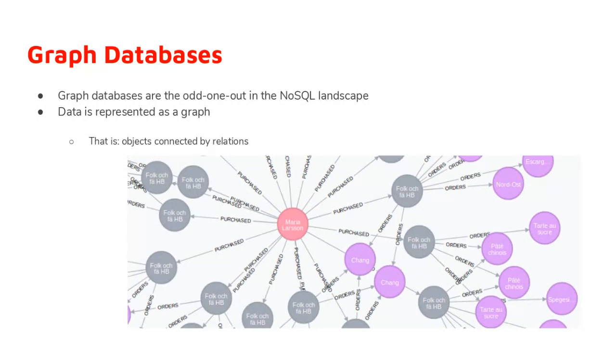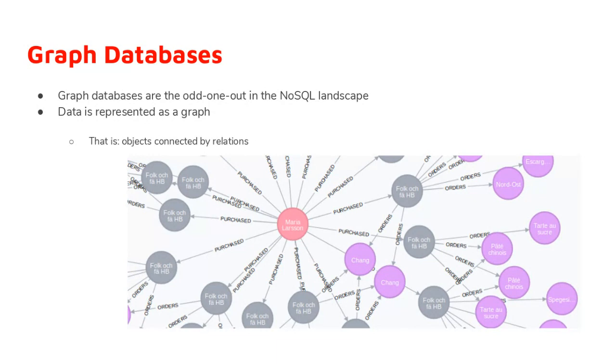And then the final type of databases are graph databases. So these are a little bit the odd one out in the NoSQL landscape, because here the data is represented as a graph. And so you don't really have the concept of row, everything's an object connected by relations. And so that's how it works.